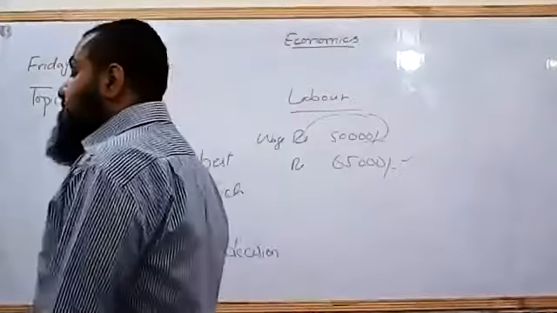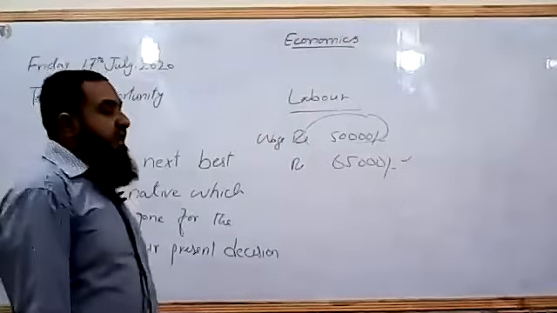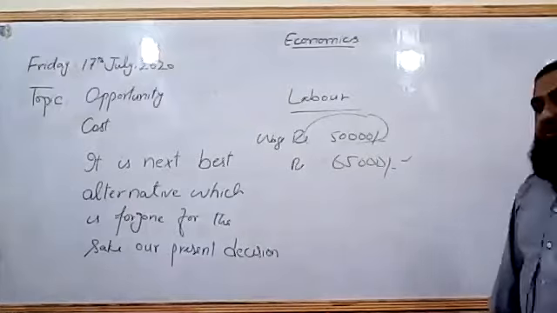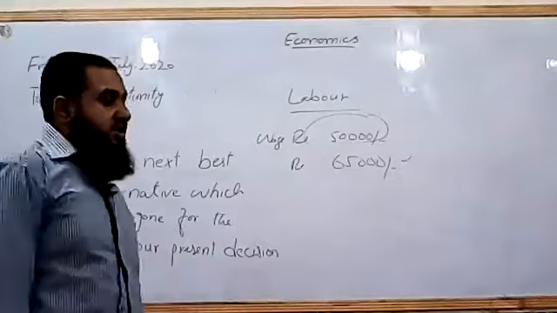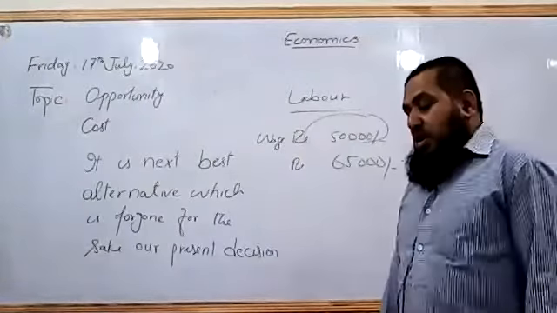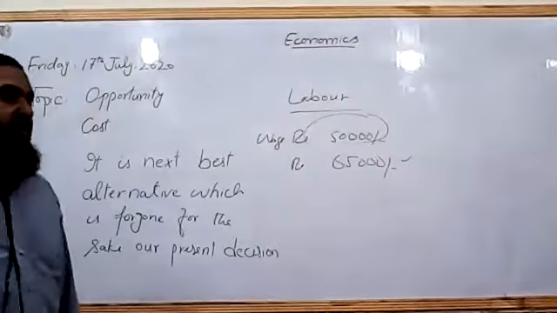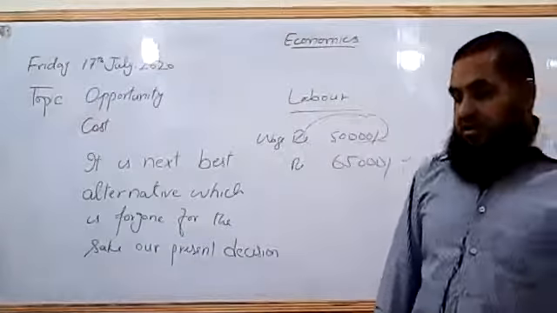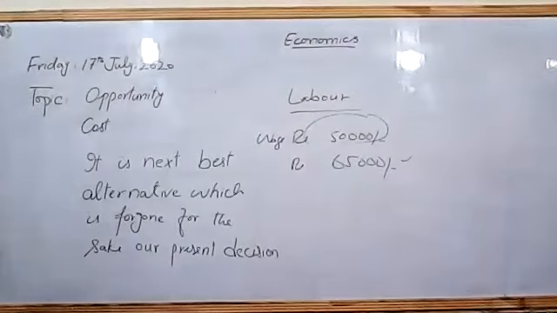If our country is producing more defense items, more weapons, missiles and tanks, these will have an opportunity cost in terms of the education services the government has sacrificed for the sake of stronger defense, because our enemy is also stronger than us. At the same time, if the government is putting more money into health services, the next best alternative is the opportunity cost to the government of providing health services to the people.